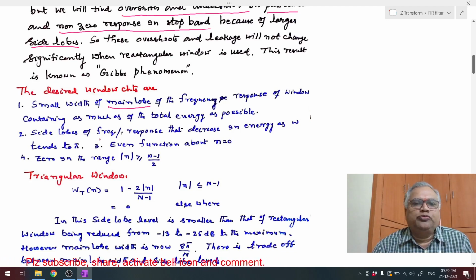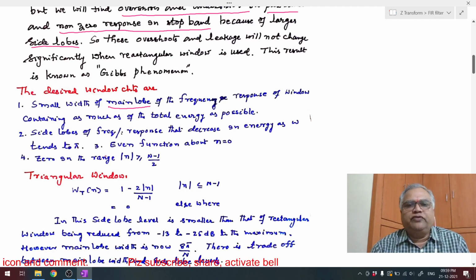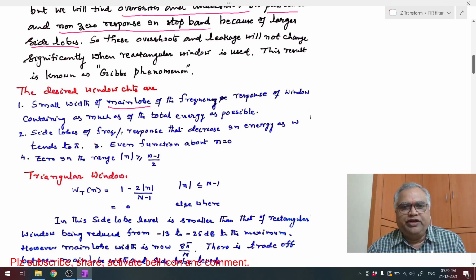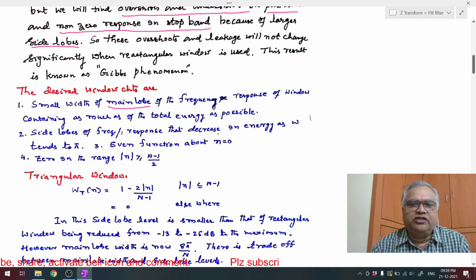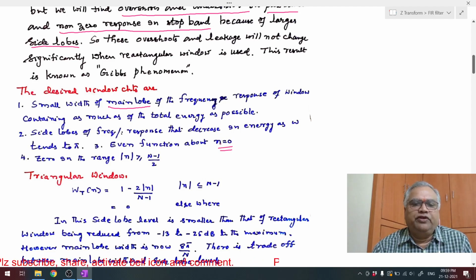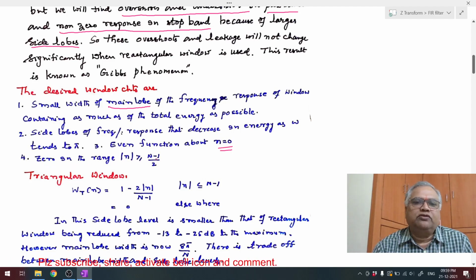Second, side lobes of the frequency response should decrease in energy as omega tends to pi. So when digital frequency is increasing, the side lobe level should decrease, that means energy also should decrease. Third one, even function about n equal to 0. So any window should be symmetric with respect to n equal to 0. And fourth one, 0 in the range mod n greater than or equal to m.